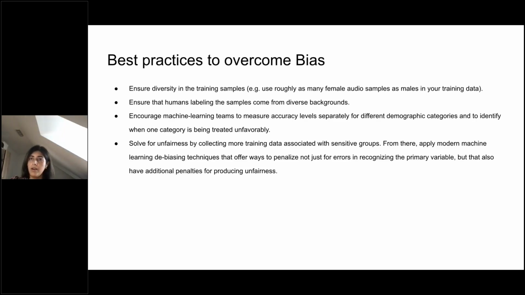If you have such sensitive data, you definitely need to have, for example, accuracy per group. Let's say that you only had two categories, male and female. So you need to have accuracy for one group, which is males, and one group, which is females. This will let you know when one category is being treated unfavorably.